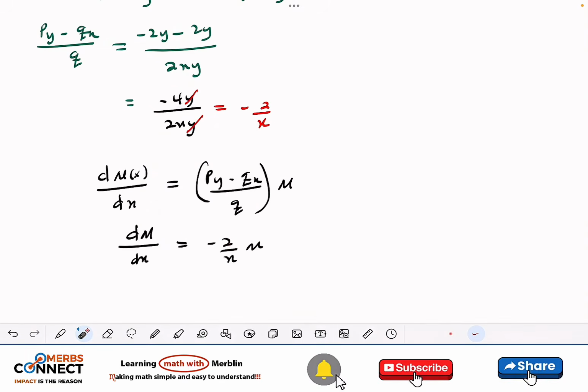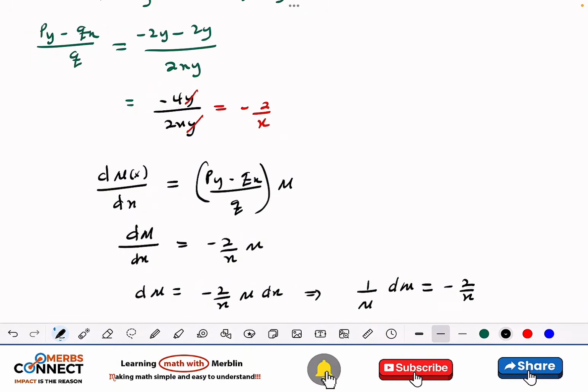So we need to group like terms in a way that we have them together. So this is going to be d mu, which is equal to minus 2 over x mu dx. So we need to take away the mu. So this implies that 1 over mu, d mu is equal to minus 2 over x dx.